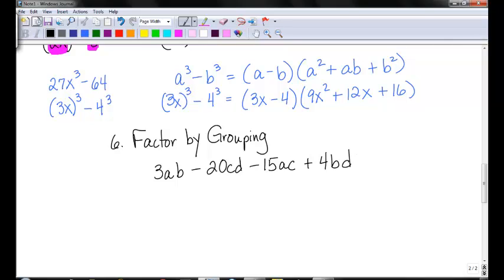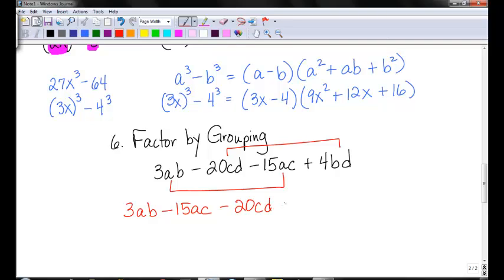Okay, so you group it, and you don't necessarily have to group it like I do, but you got to look for what's in common. Okay, like I grouped these two together, the 3ab and the 15ac, and I grouped these two together. Okay, so I would have grouped 3ab minus 15ac minus 20cd plus 4bd.